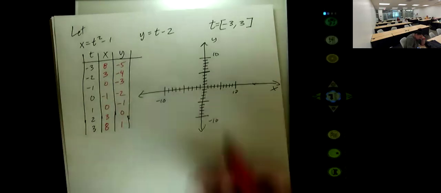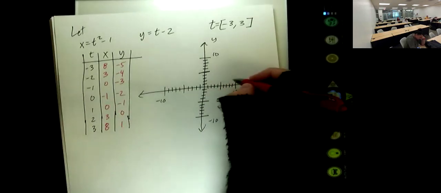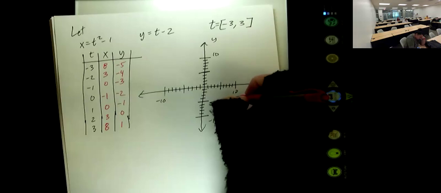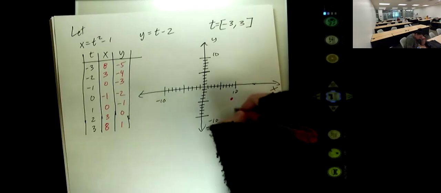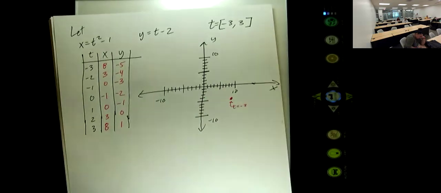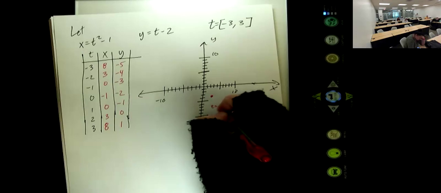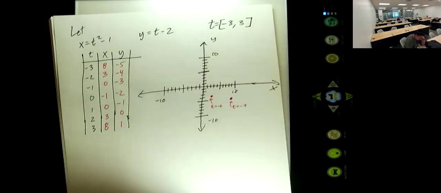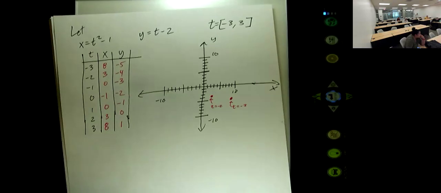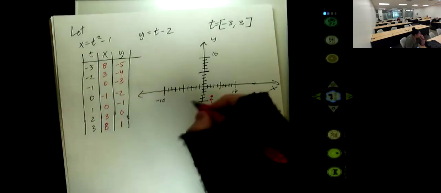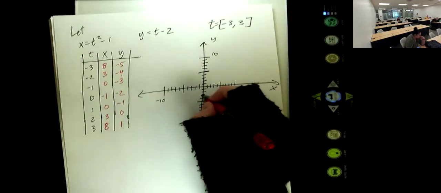Alright, so now let's just plot. If I go 8, I have a point at -5. That is t equals -3. At 3, I have a point at -4. That's t equals -2. When x equals 0, I have -3.